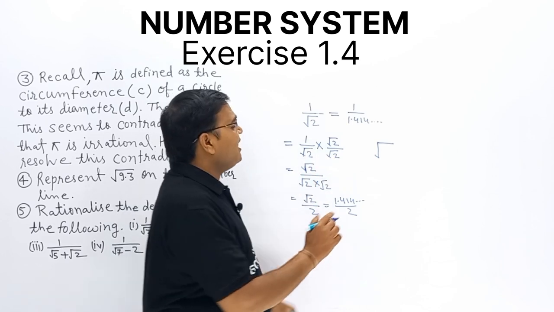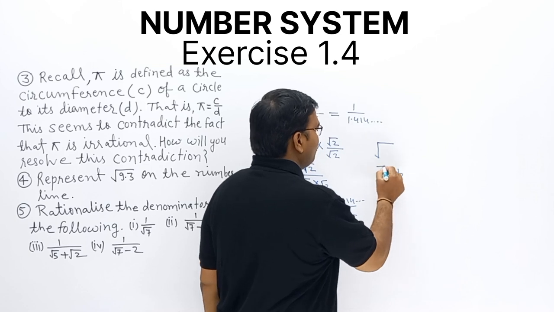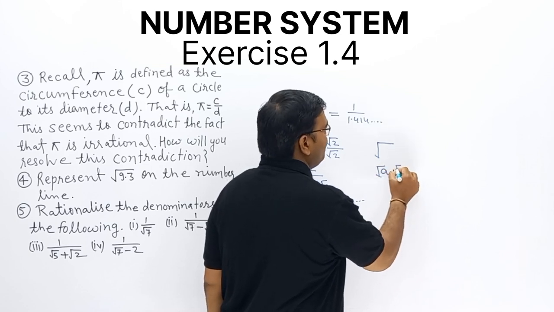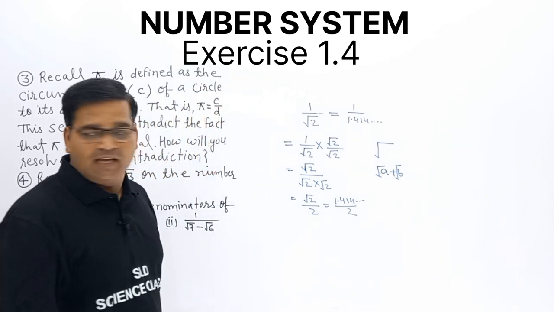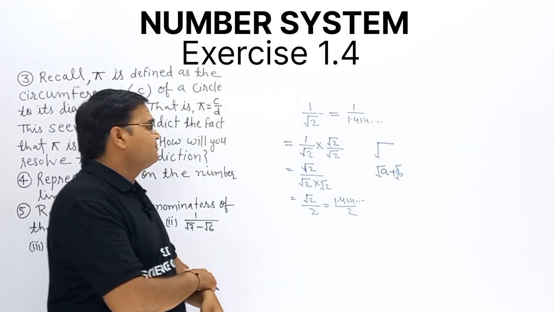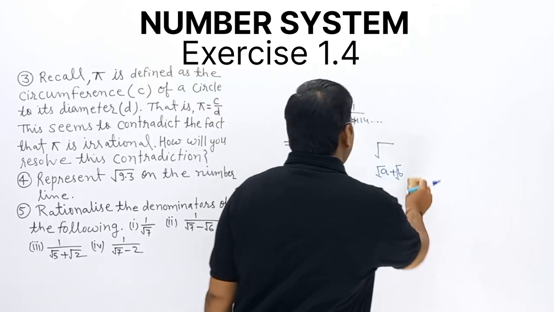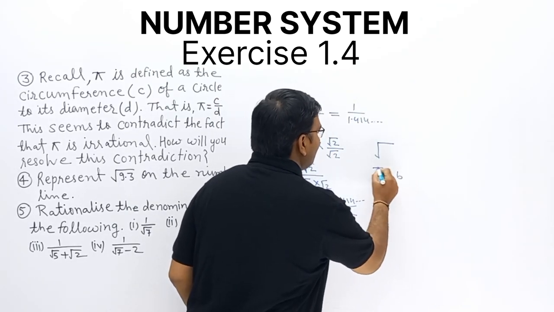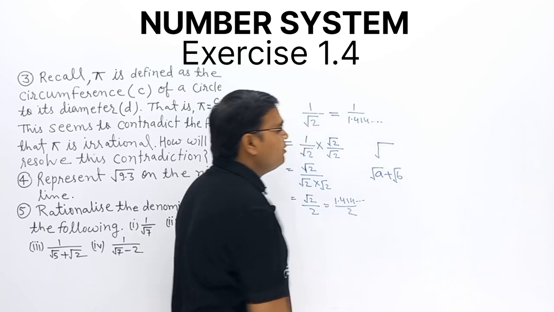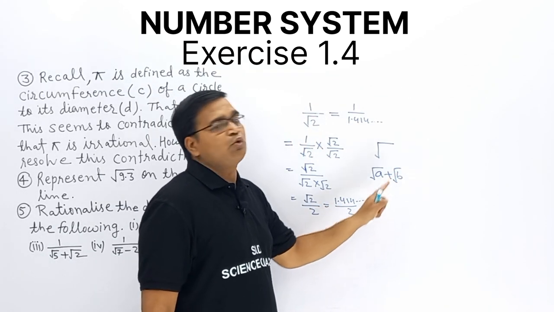But if we have the form a plus b, root of a plus root of b, with both under the root, then we multiply and divide by its conjugate.